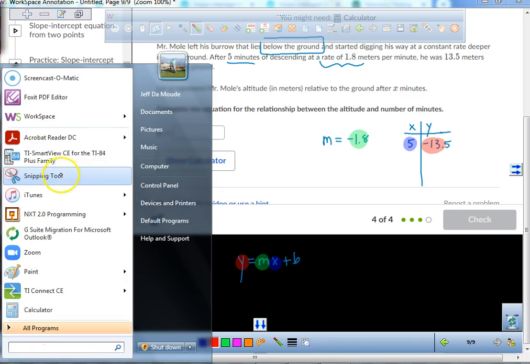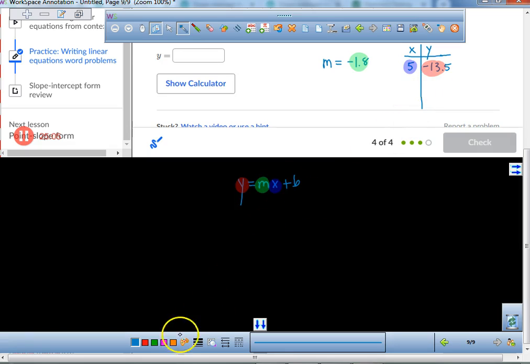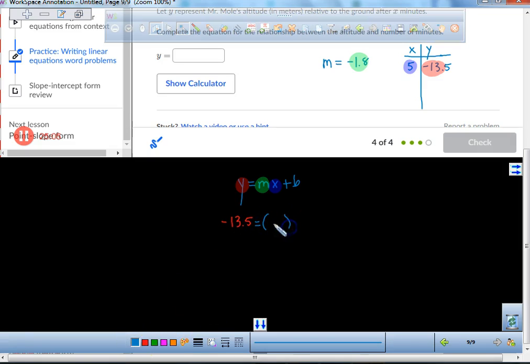All right, I'm going to turn on my graphing calculator. So my y value is negative 13.5. My m value is negative 1.8. And my x value is the number 5.